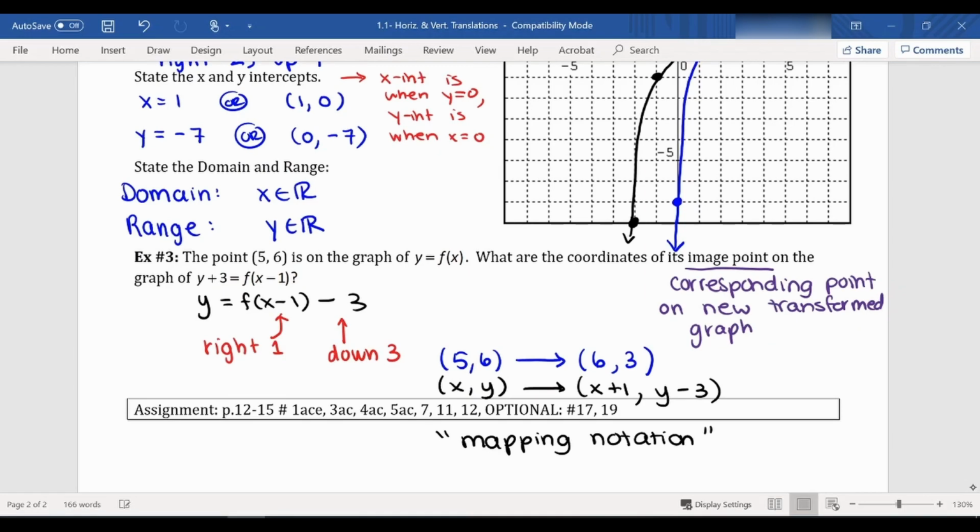So if a question asks you to explain the transformations in mapping notation, that's what it's talking about. Okay. You might see that in some of the questions in the textbook as you're trying some of the practice questions here. Okay, and that's it for 1.1.